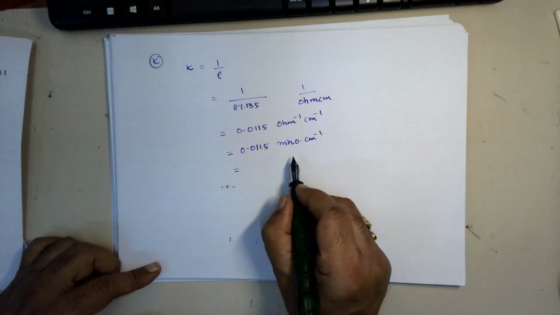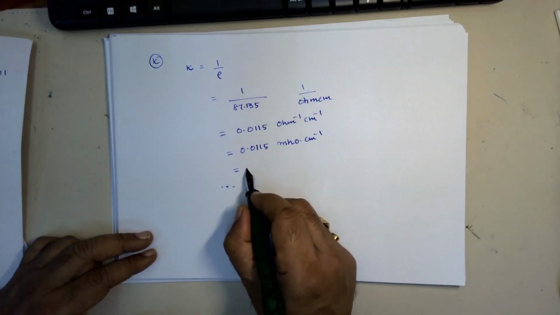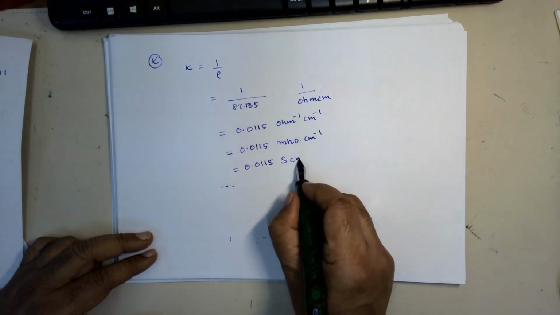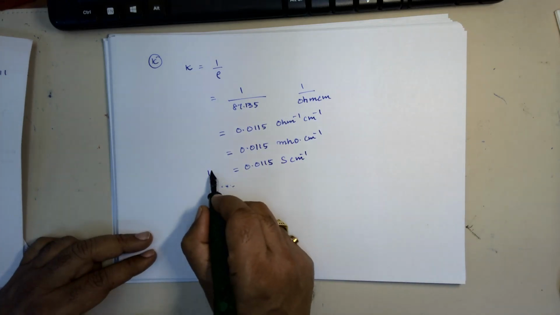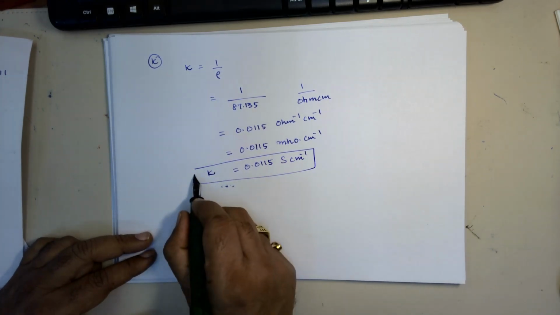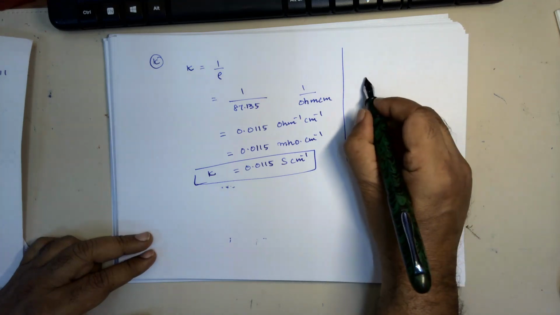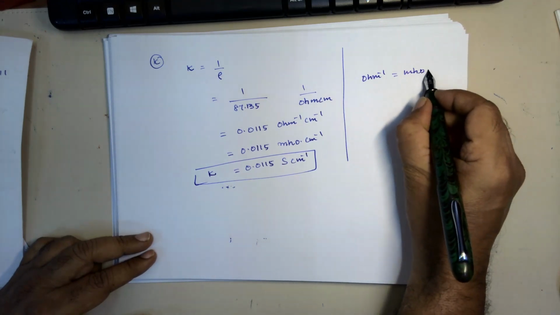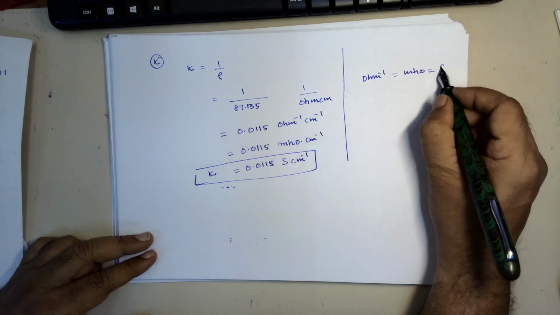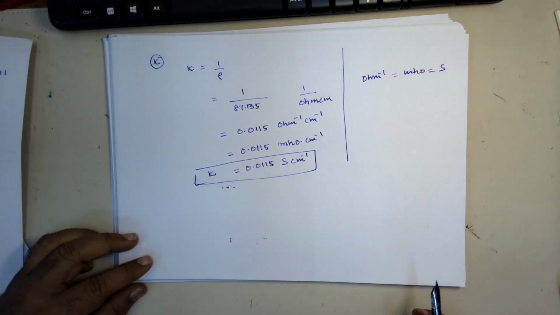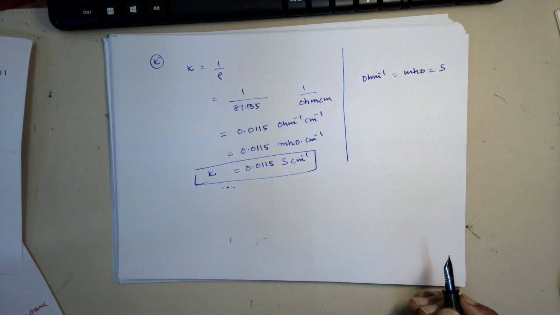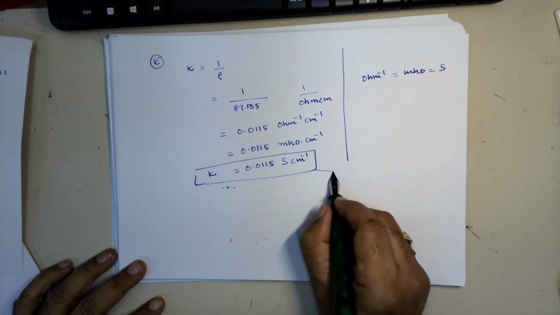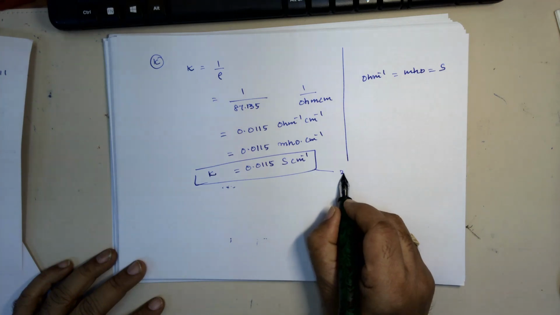And this is also represented as Siemens. Okay. So 0.0115 Siemens per centimeter. So this is the value of copper, because ohm inverse is equal to mho, that is equal to Siemens. Okay. Got it? Therefore, this is the second answer.